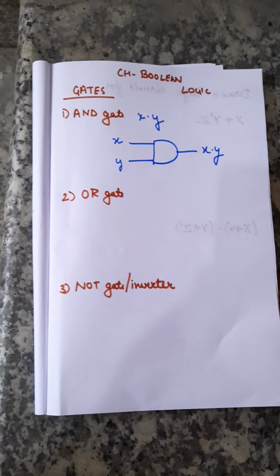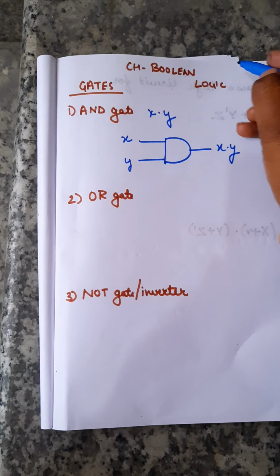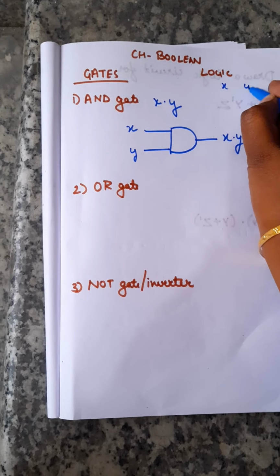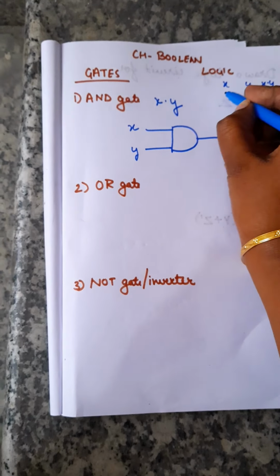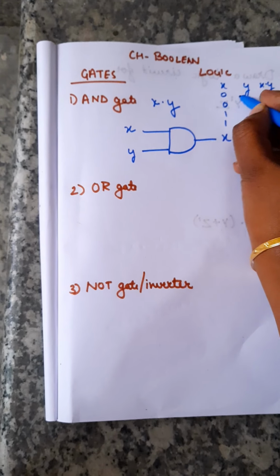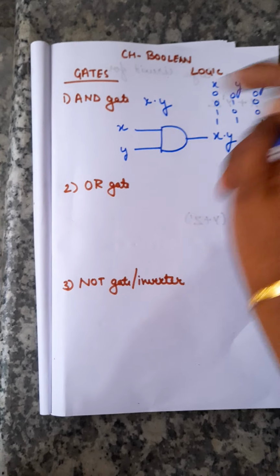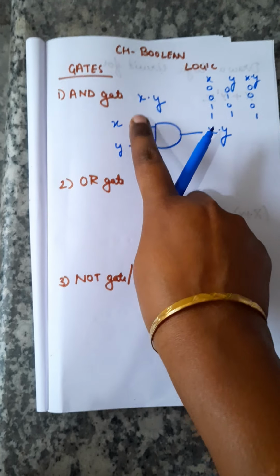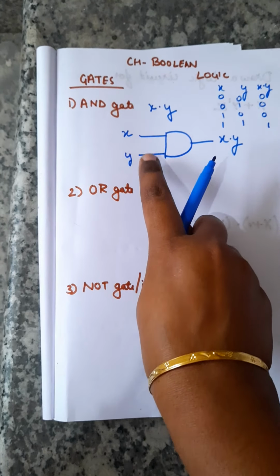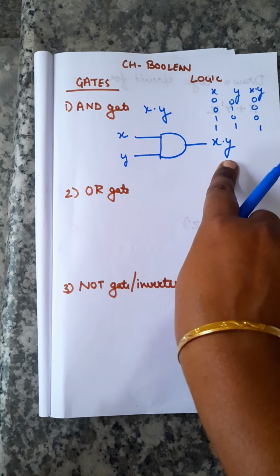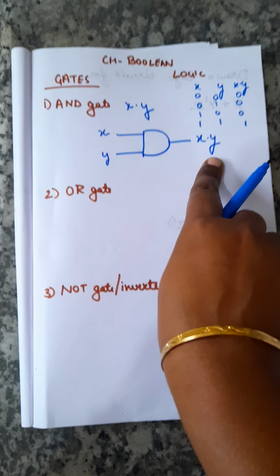We have already done the truth table. If we write the truth table of AND, we get 0 0 0 1 with this circuit. Unless both inputs are 1, we will not get the final output as 1.